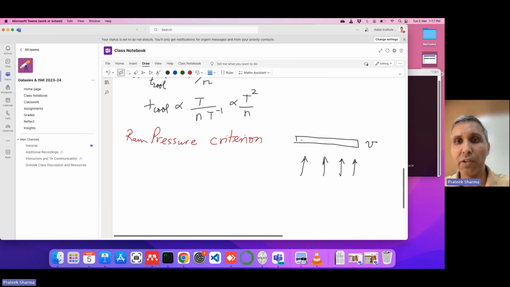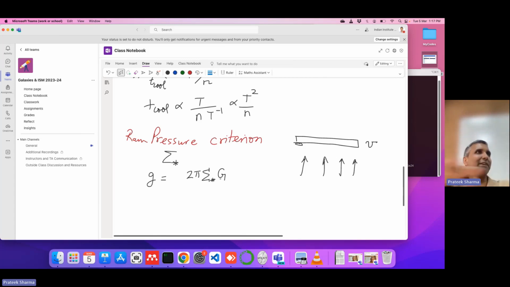If you consider a fluid element somewhere here, and you have a uniform density, with sigma star as the mass density of this disk, the acceleration due to gravity is just 2 pi sigma star G, right? It's constant if it is an infinite disk with mass density sigma star.